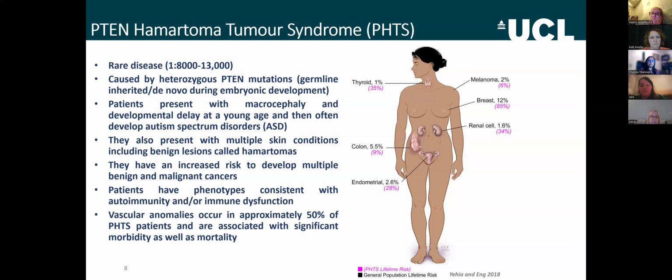To have that very robust and solid understanding, if there is a correlation, we are still doing the research, and we hope that we make progress and get to a stage where we will be able to come up with some sort of guidance on whether, if you have a PTEN mutation, you are at a high risk or a low risk for certain types of cancer, and tailor the surveillance and the treatments accordingly. So this is what we are trying to get to in the future, if that makes sense.